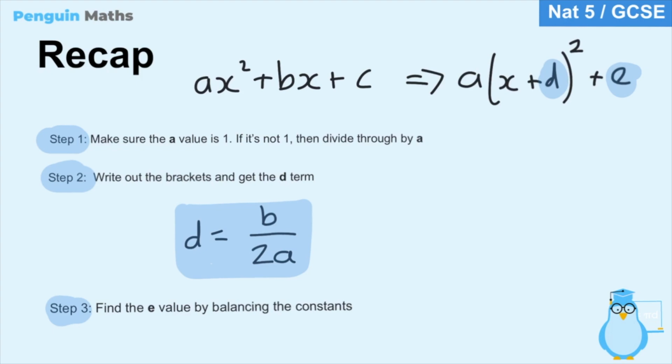And the last part, what we had to do is find the e value by balancing the constants, so this value here. And the way we did that was multiply out the new section of the bracket, so x plus d all squared. We had to figure out which constant it gave us and then compare it to the c value we had here, and then we had to adjust, either add on a number or take away, so that the resulting constant was equal to the constant we had here as well.